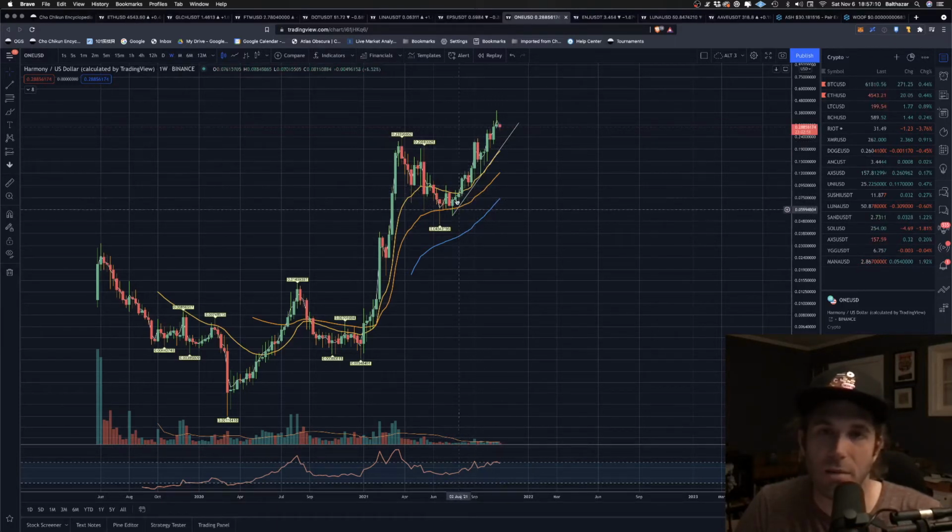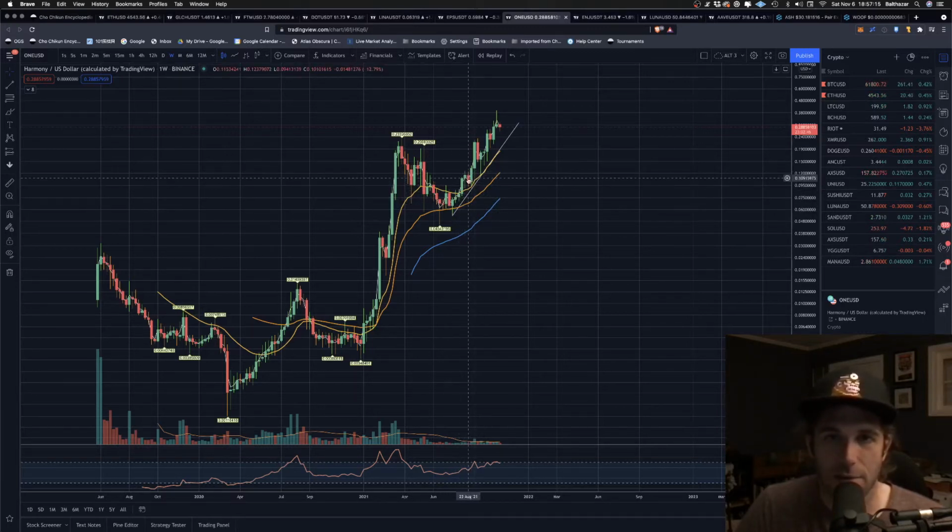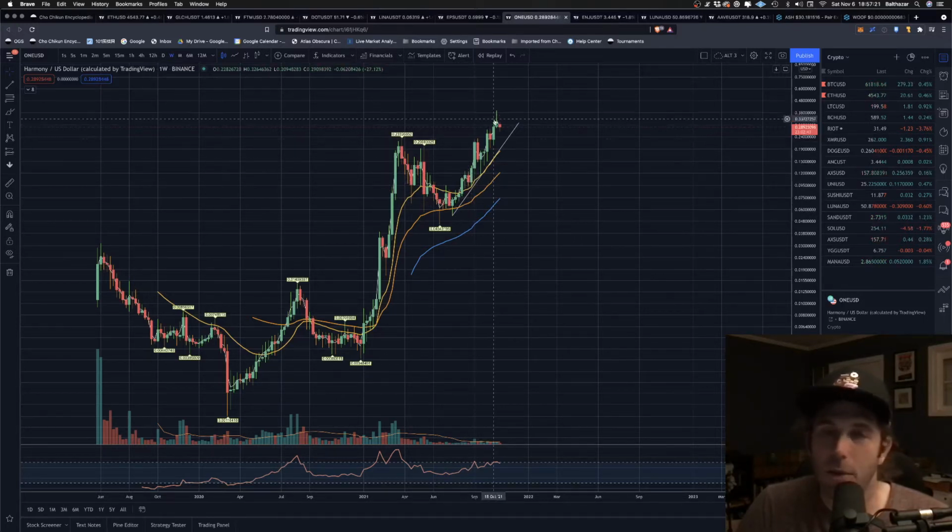If I'm in a long from earlier, say back around 10 cents or so, then maybe I will stay in this trade, because I do see that the bulls are still strong. But I'm probably not going to want to enter here, because the bulls have really been pushing hard, and we can see clearly the trend is slowing. The momentum is slowing down.